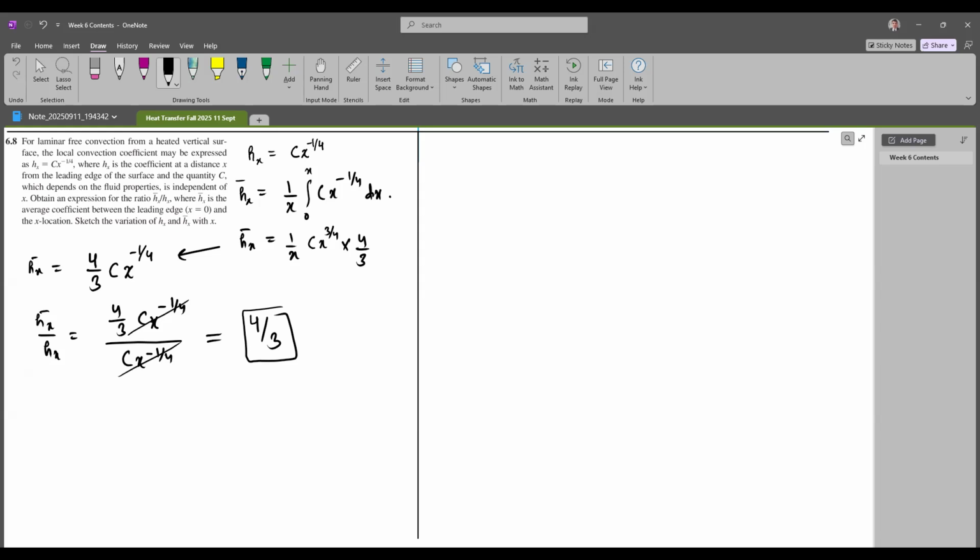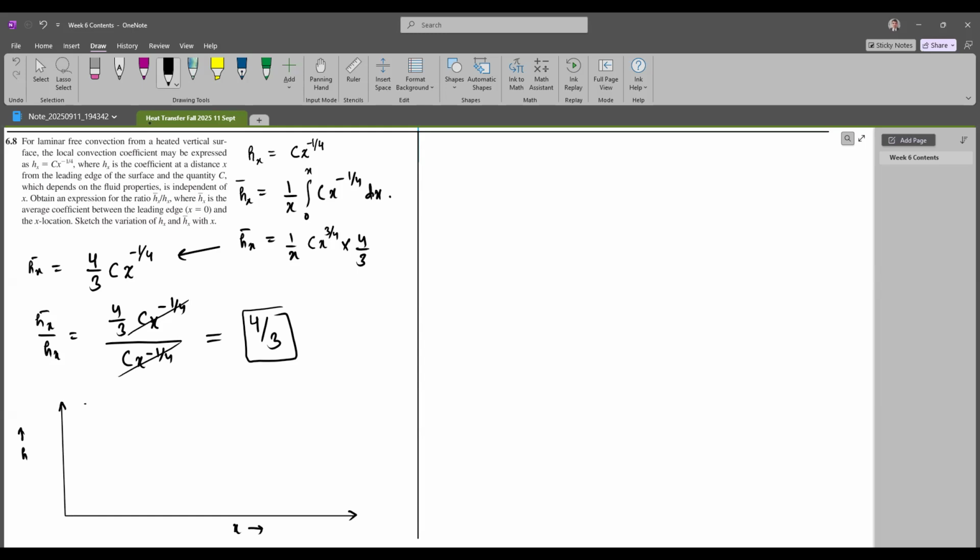And sketch the variation of hx and hx bar with x. So very similar to the first problem. I think it's exactly the same problem. So h is here and x is here, and it's an inverse relation, right? As x goes on increasing, the hx value decreases.